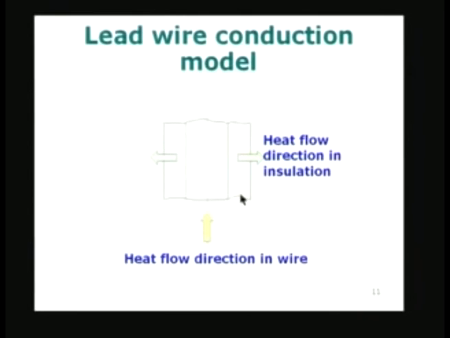Therefore, I can ignore the heat transfer in the axial direction in the insulation and assume only heat transfer in the radial direction. That is because the temperature of the wire is different from the ambient, and the heat transfer in the radial direction is due to heat transfer through this insulation layer plus heat transfer from the surface due to convection from the surface to the ambient.